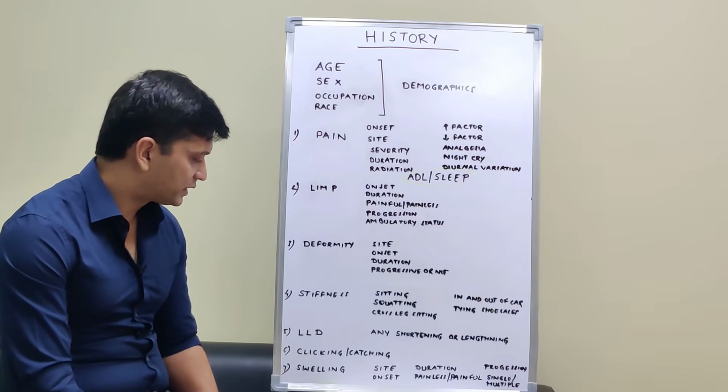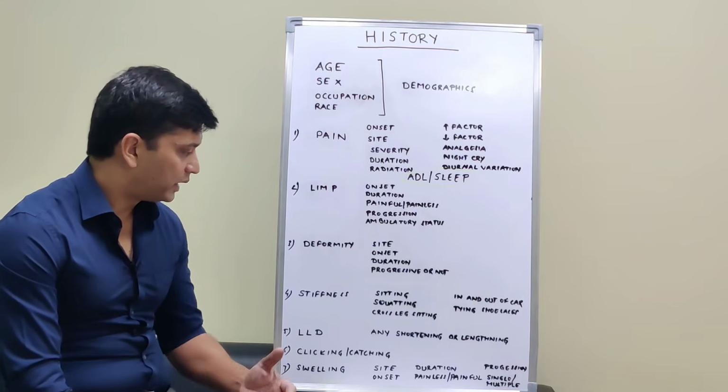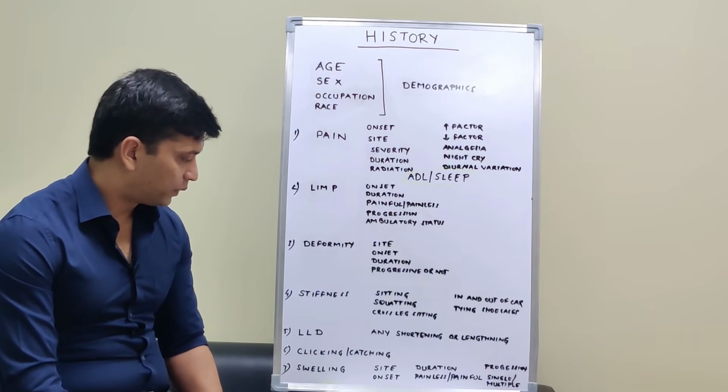Now, limb length discrepancy is also the way the patient can present. So whether there is any shortening or any lengthening, that is important.